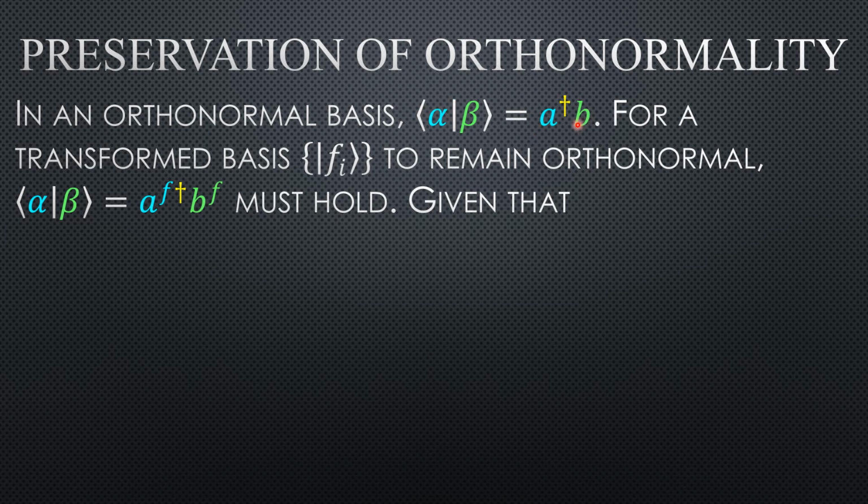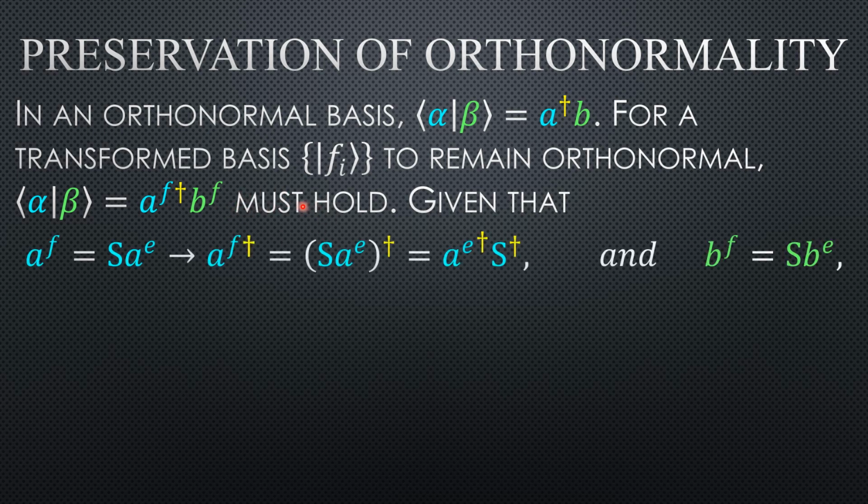So this is what we're looking at. And so if we're looking at this definition for the orthonormal bases from the inner product perspective, for a transformed basis such that Fi, where we're indexing to I, to remain orthonormal, we must have that alpha beta is equal to AF dagger BF. So this has to hold.